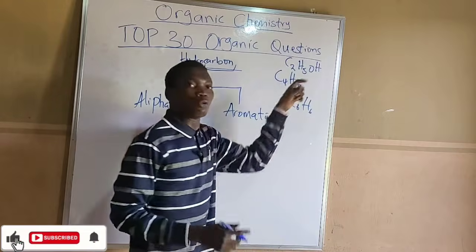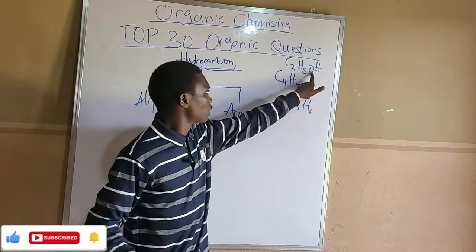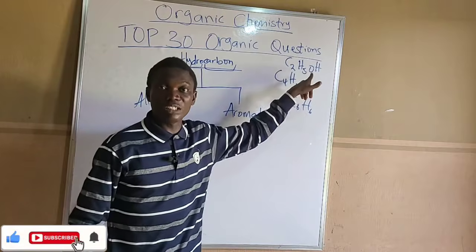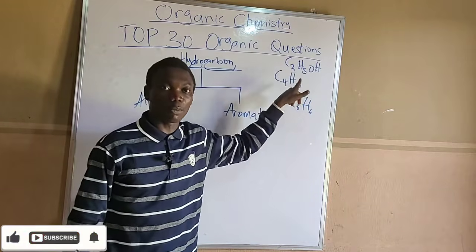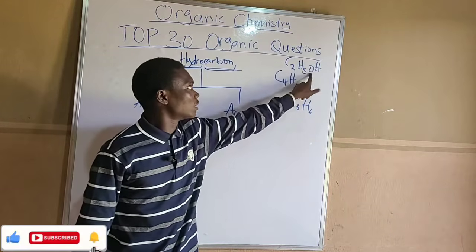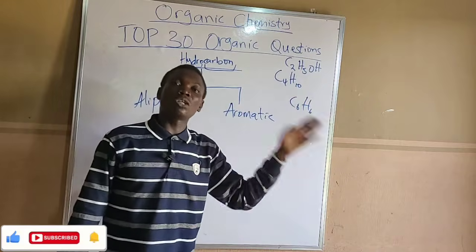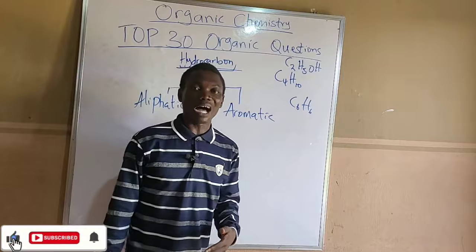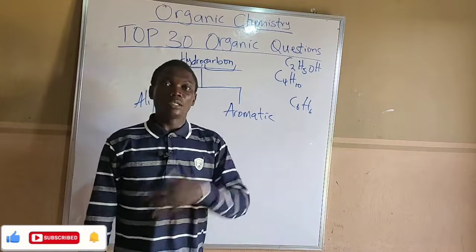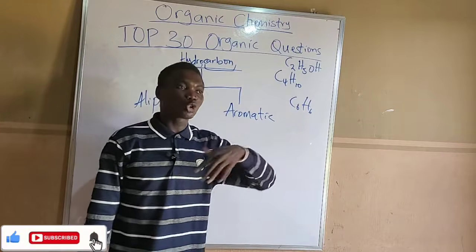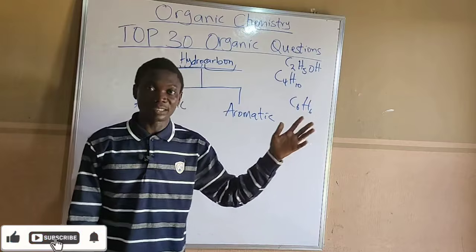Is this a hydrocarbon? No, because of the presence of oxygen. Oxygen is not hydrogen and it is not carbon. So because of this oxygen, it is called a non-hydrocarbon. Non-hydrocarbons refer to things like ethanol, ethanoic acid, and many other organic compounds like that.